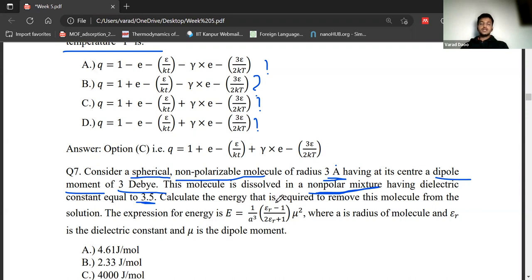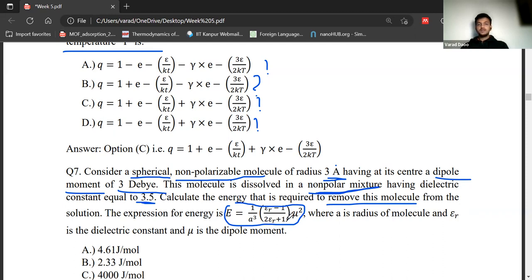Calculate the energy that is required to remove this molecule from the solution. This is the expression for the energy, where a is the radius of the molecule, which is given as 3 angstrom, epsilon r is the dielectric constant, which is given as 3.5, and mu is the dipole moment.